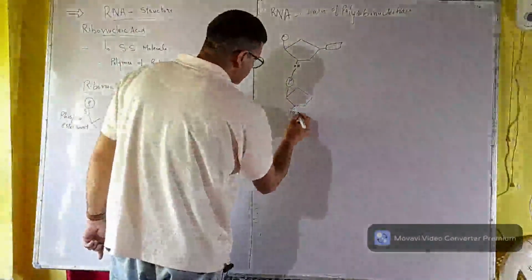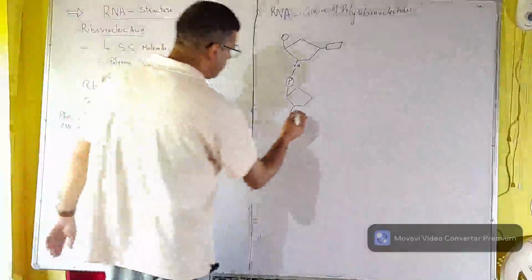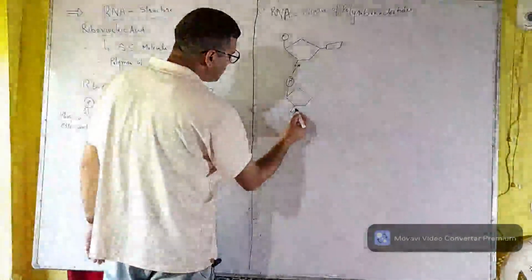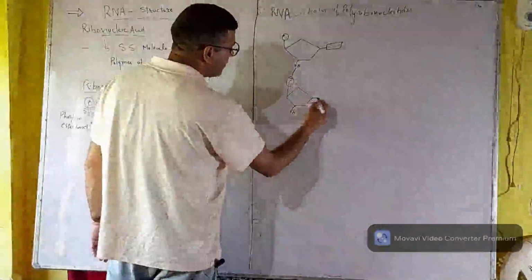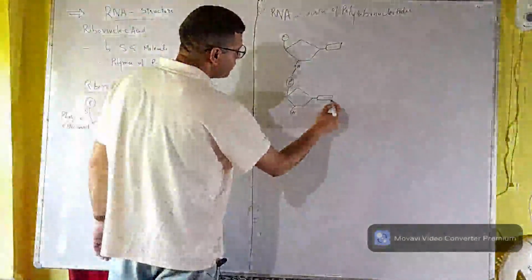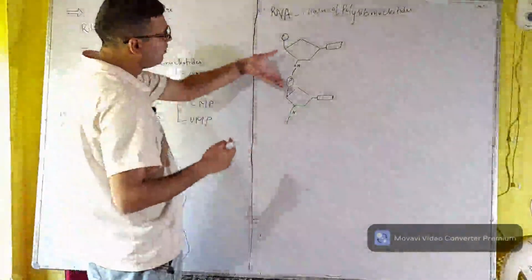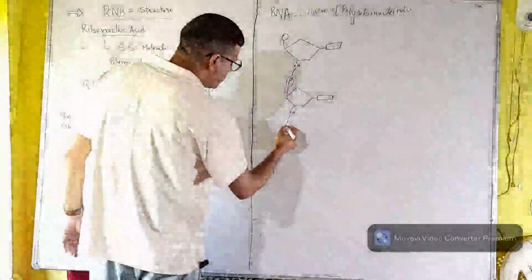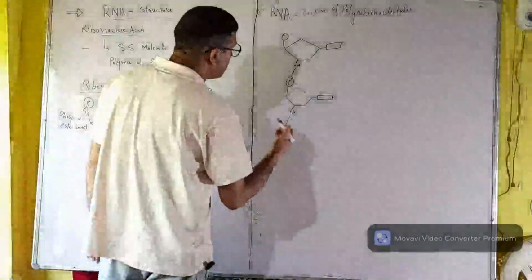This is by means of a bond that is called phosphoester bond. Then this is the sugar. It has a hydroxyl group at the carbon 3rd and a phosphate group at the carbon 5th, and carbon 1st has the nitrogenous base. Then we will make another. These are two ribonucleotides. We can make another ribonucleotide, because I told you that RNA is a chain of ribonucleotides.